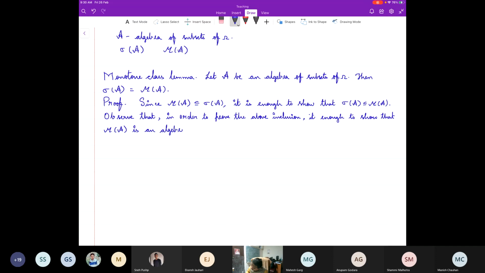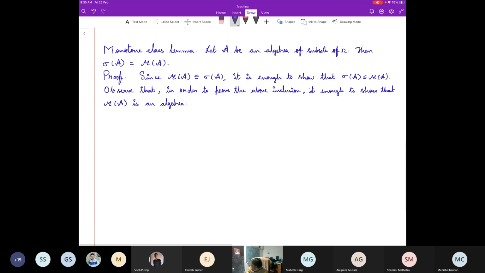Once you show that this is an algebra, it follows that it's a sigma algebra. And because sigma of A is the smallest sigma algebra containing A, you get that sigma of A is going to be contained in M of A. Fine. Now let's show that. The claim is that this M of A is an algebra.